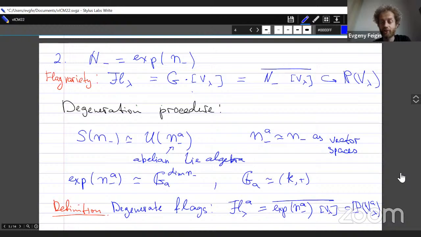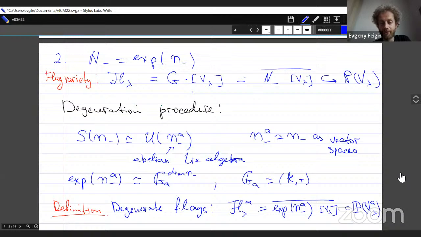Now let me introduce the geometric counterpart of the story. I take the group corresponding to n minus. This is the capital N minus, and the flag variety FL lambda is nothing but the orbit of the line containing V lambda.